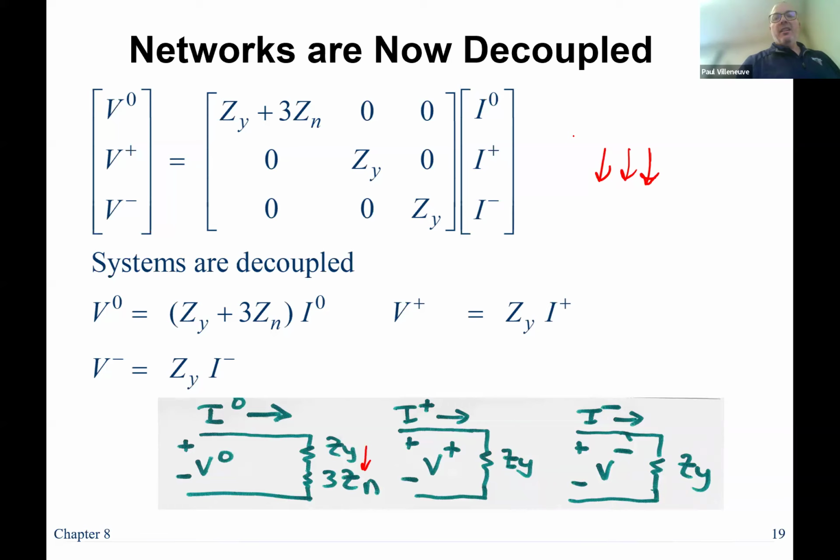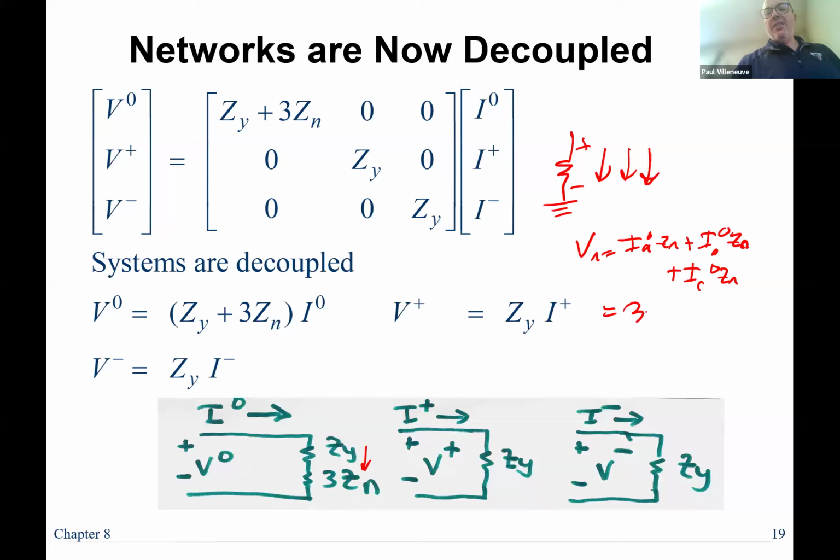So if I want to get the voltage drop, I can either go V, we'll call it neutral, is equal to IA0 times Zn plus IB0 times Zn plus IC0 times Zn, right? That's the way I'd write it out. Or recognizing that all 3 currents are the same, I just have 3. So that's where the 3Zn comes from.